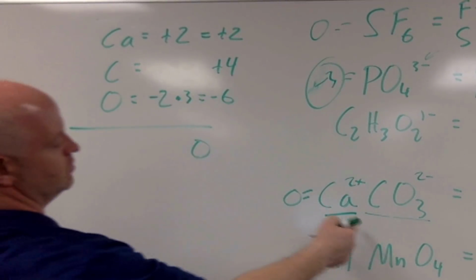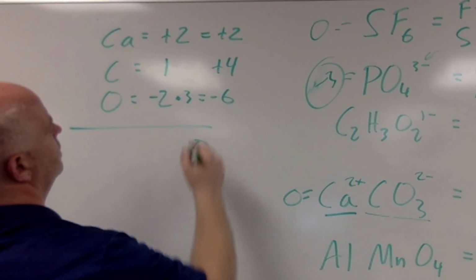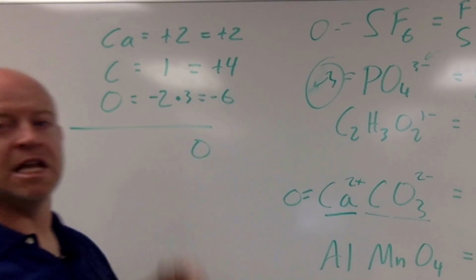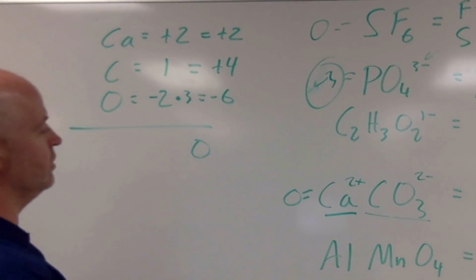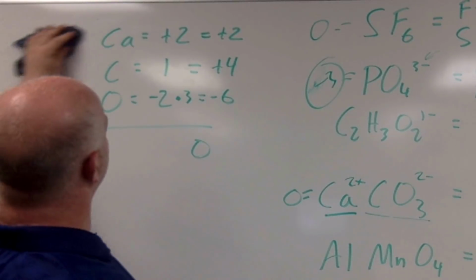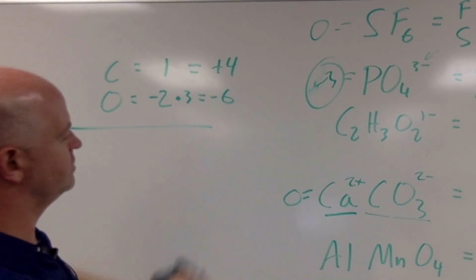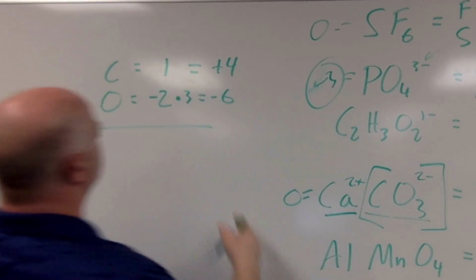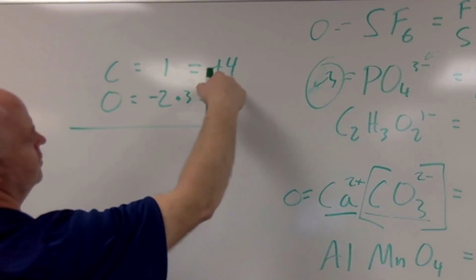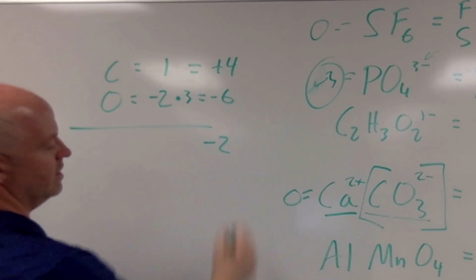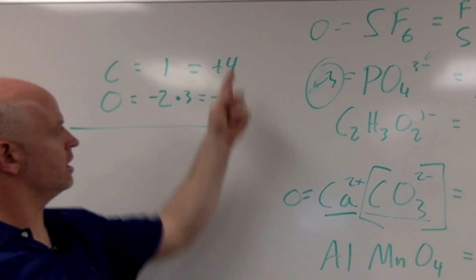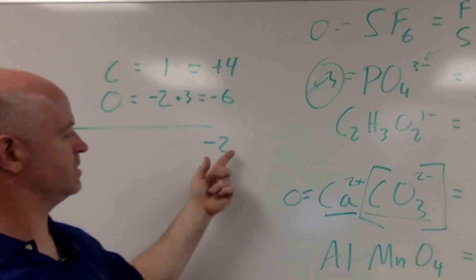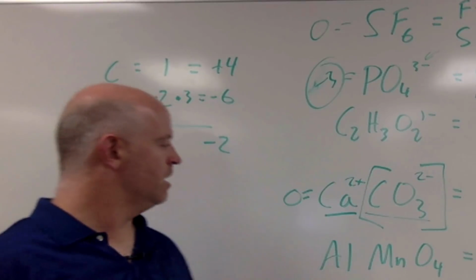Which means the carbon, since we have 1 of them, is going to be a +4 in this case. So carbon here is a +4. Now, another way of solving this, you could have ignored the calcium if you wanted to. And you could have said that carbonate, as a polyatomic ion, has to be a -2. So again, a +4 and a -6 will give you that -2 charge for your polyatomic ion alone. And then you can say, well, if this together is a -2, the calcium has to be a +2 to balance it out. All right?